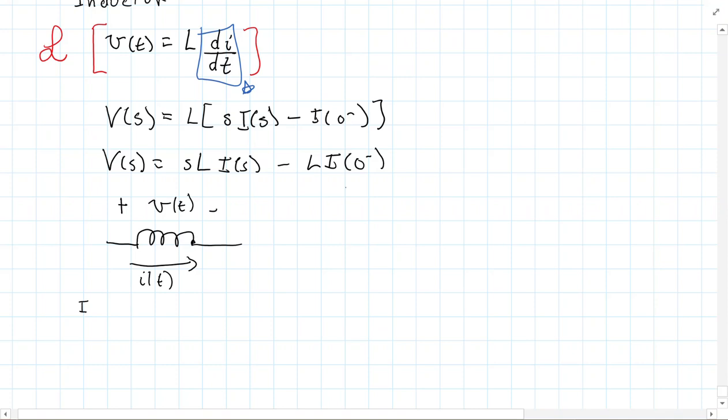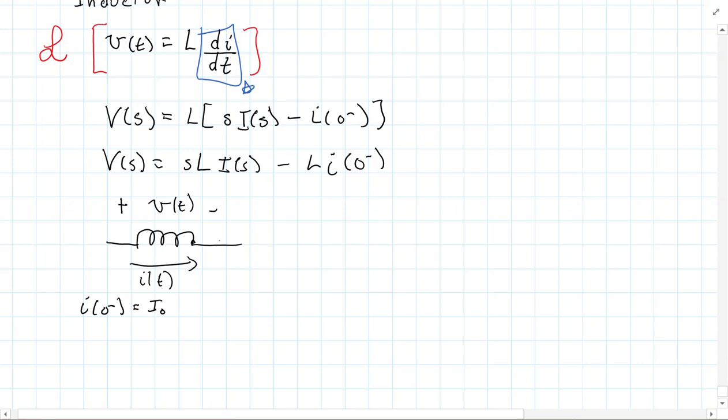Actually, this shouldn't be capital I, it should be lowercase i. Not a huge deal, but it is technically lowercase. Then we have an initial condition, i(0-), which I'll say is equal to I sub 0. So it's some number, which we'd either have to find or would be given to us.